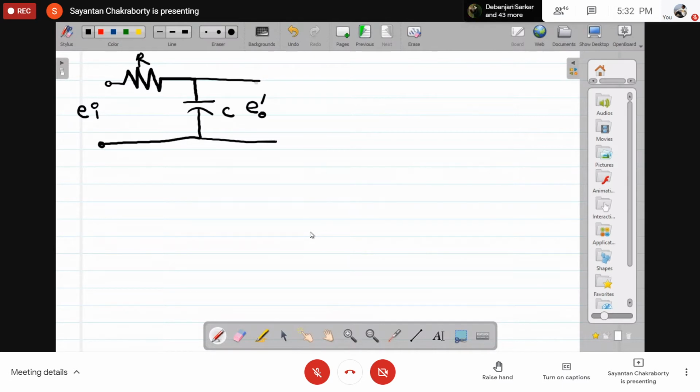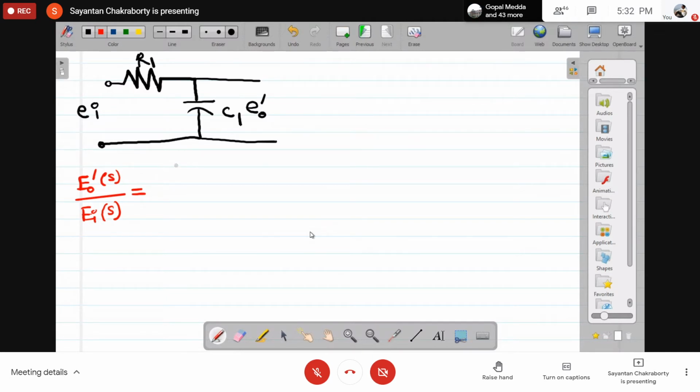What will be the transfer function for this? Quickly calculate this and tell me. Say this is R1 and this is C1. What will be the transfer function? Sir, 1 by RC by S plus 1 by RC.